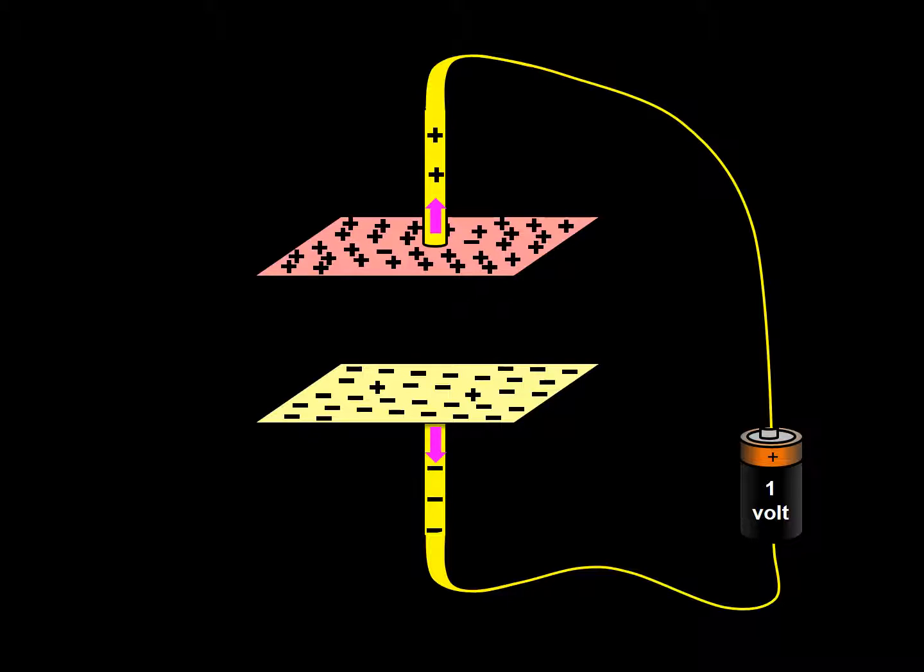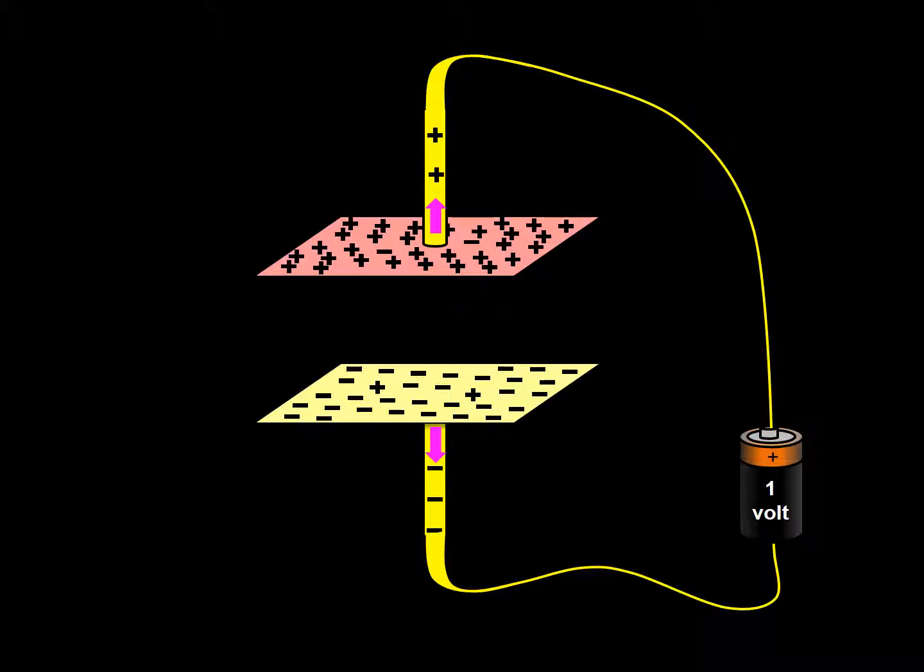The accumulation of negative charges in the lower plate will continue until the negative charges in the lower plate are enough to repel further entrance of electrons from the anode of the battery. This force is represented in this frame by the magenta arrows on the yellow lines. On the upper plate, a similar situation occurs.